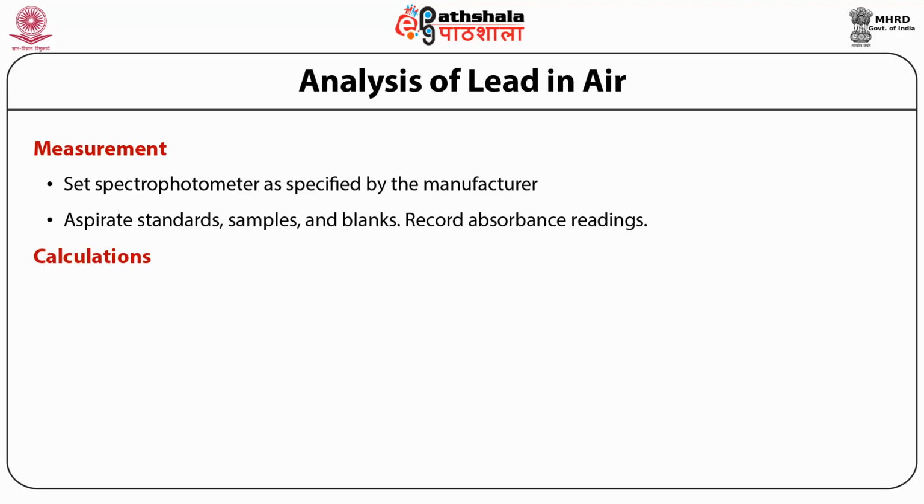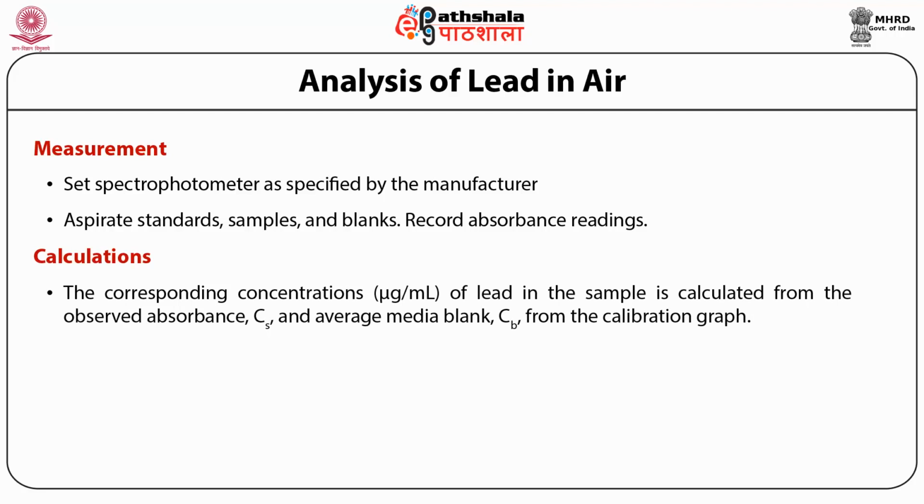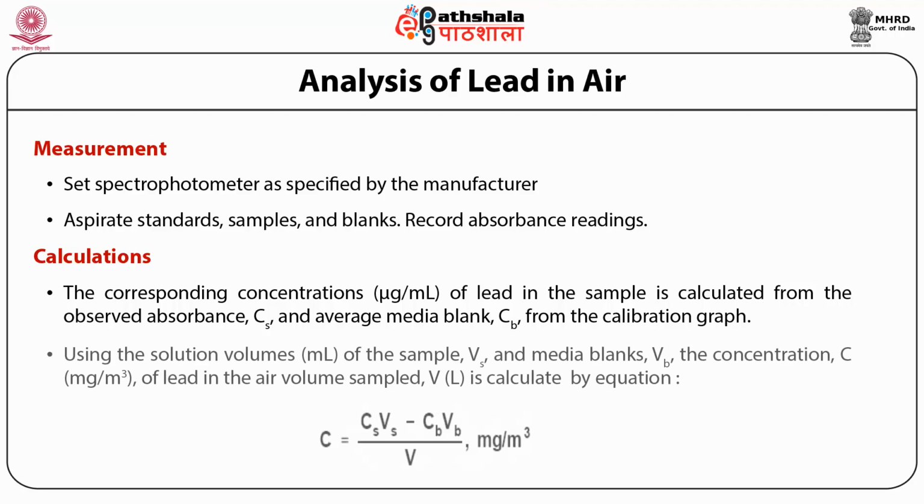The concentration of the sample in microgram per ml of lead is calculated from the observed absorbance and average media blank from the calibration graph. Using the solution volume of the sample and media blank, the concentration and air volume sampled is calculated by equation.